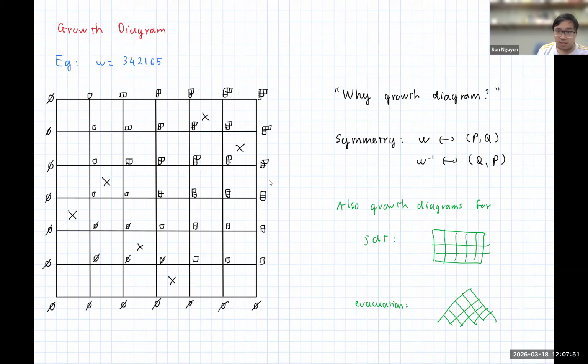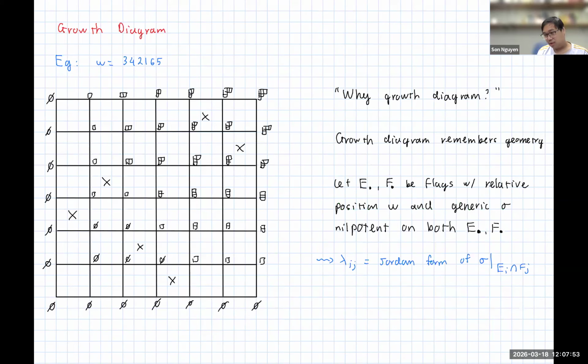And the second reason, I usually call it, growth diagram remembers the geometry. So let's say I have two flags with some relative position indexed by this permutation. And I take a generic nilpotent operator on both of them. So this means that I have a flag E1, E2, E3, and so on. My sigma here will send E2 inside E1 and so on.